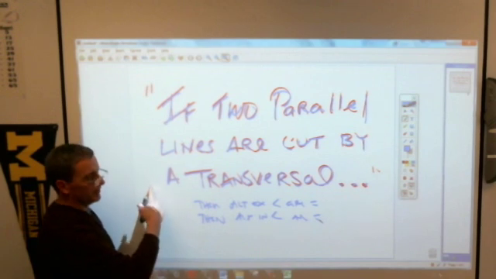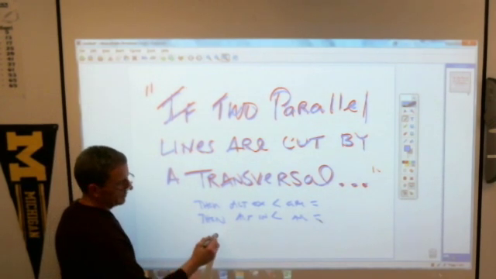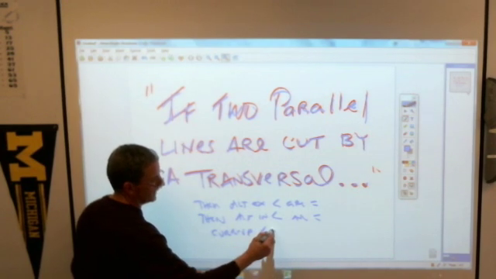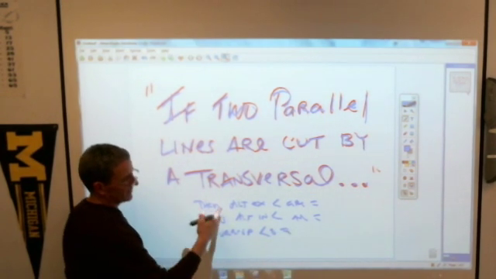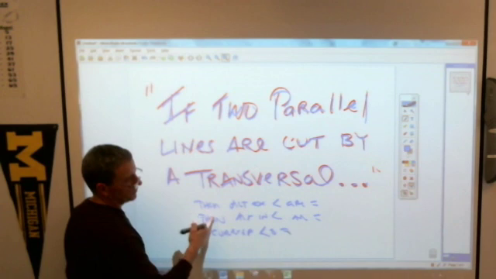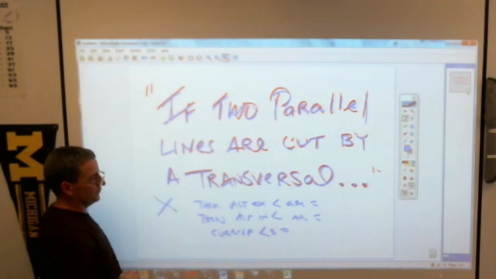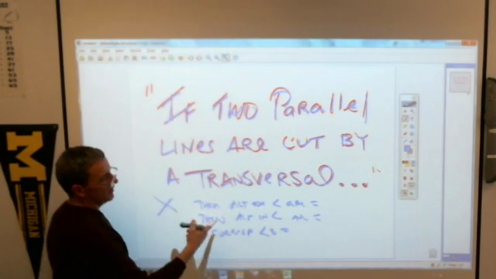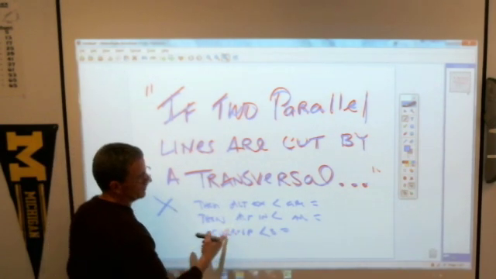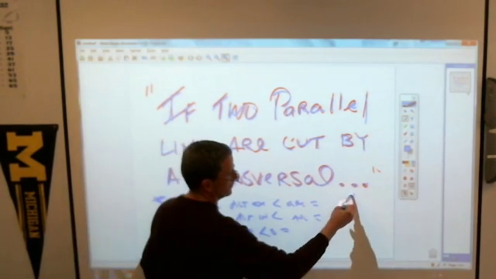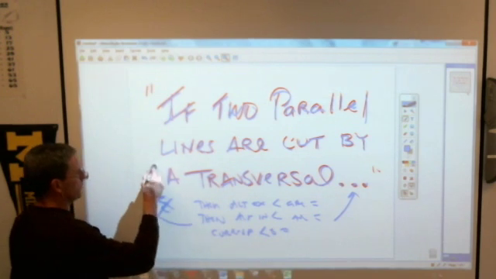If 2 parallel lines are cut by a transversal, then corresponding angles are equal. You can't forget this little phrase that comes before these, because they don't mean anything unless you have 2 parallel lines cut by a transversal. You can have vertical angles without a transversal, but alternate interior, alternate exterior, and corresponding angles come after this phrase.